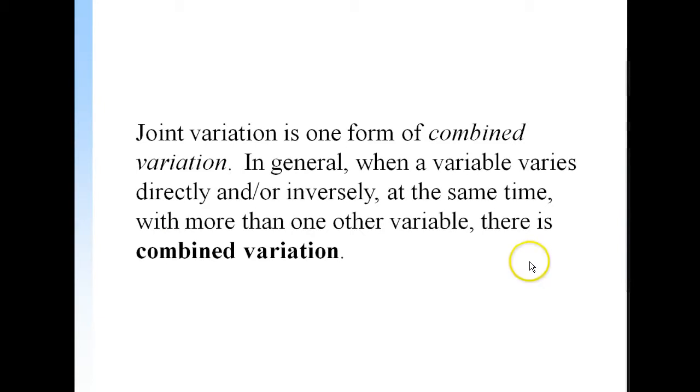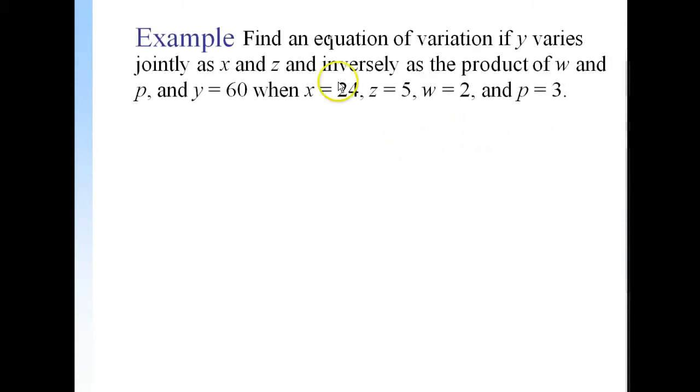Now, joint variation is one form of combined variation. And suppose we have direct variation that's also related to inverse. Okay? So that's combined. We're using direct and inverse. Let's take a look at it here. And let's see if we can write it out.